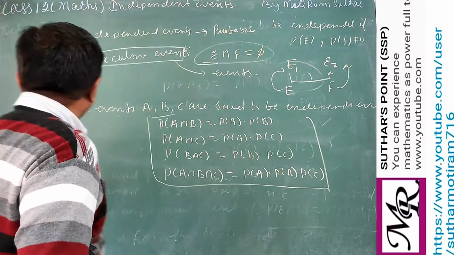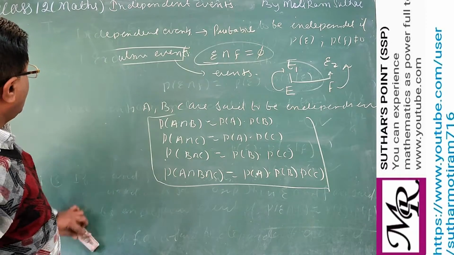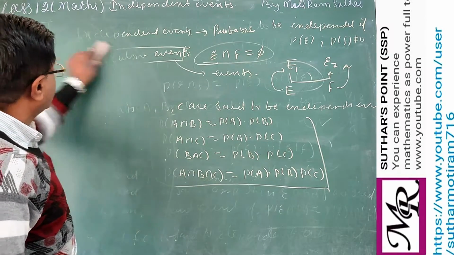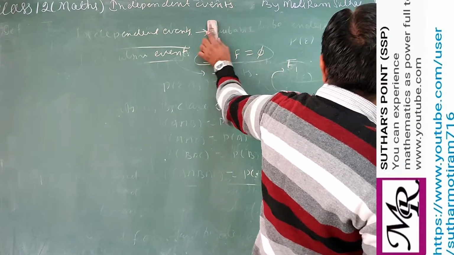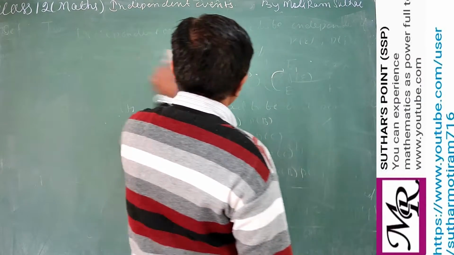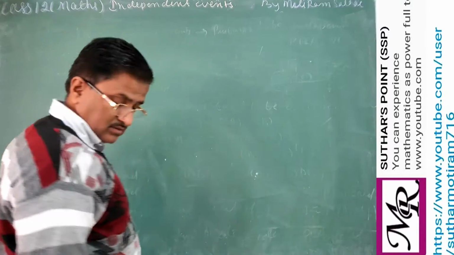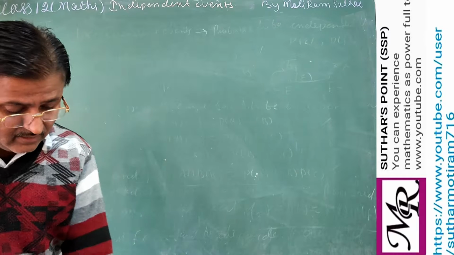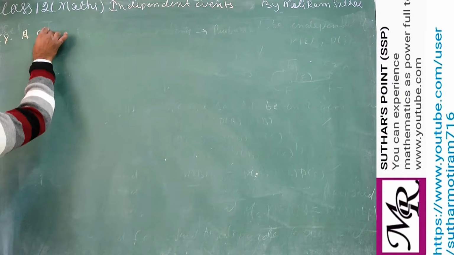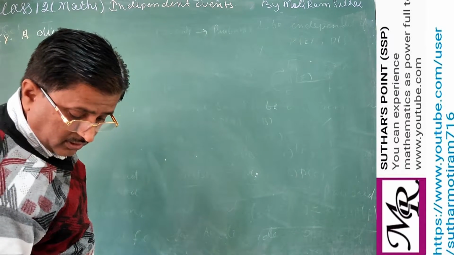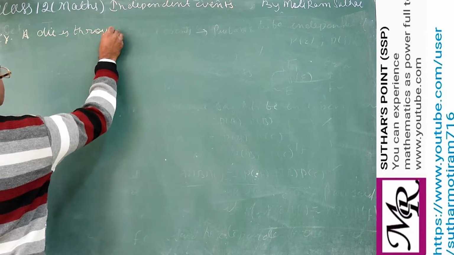Now we take some examples for using the formula, to find whether the given events are dependent or independent. Example 10. A die is thrown.